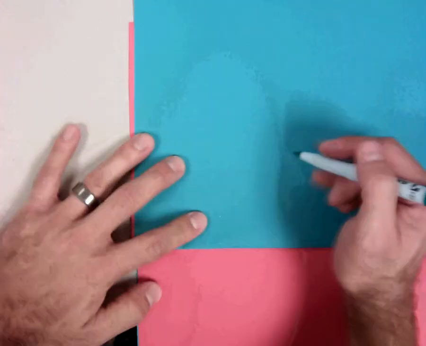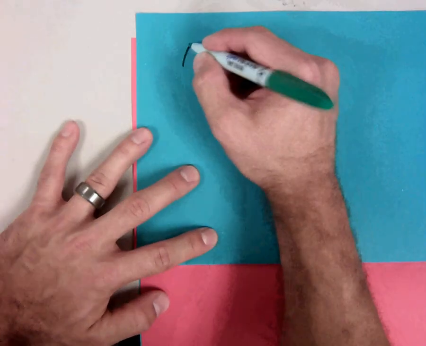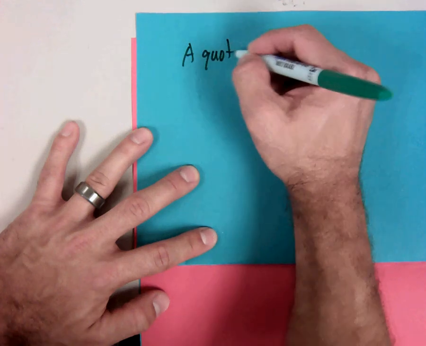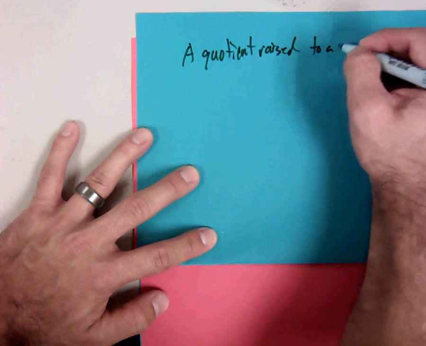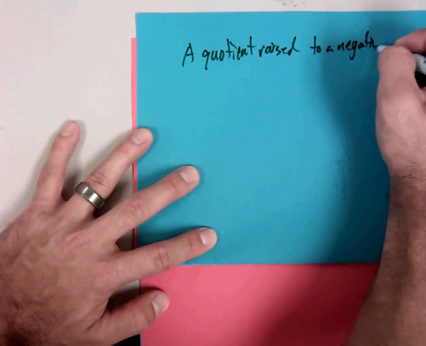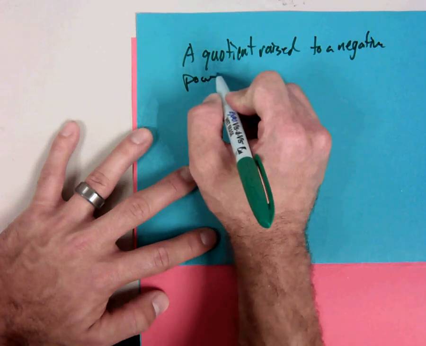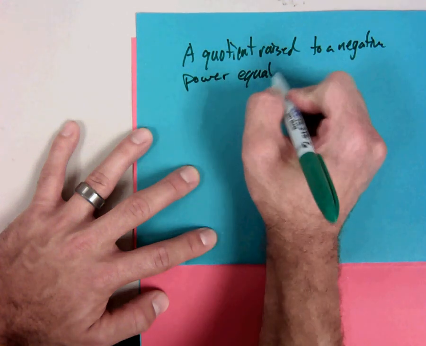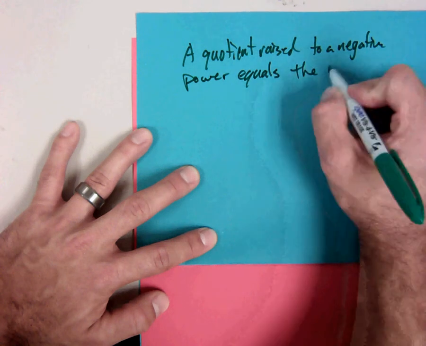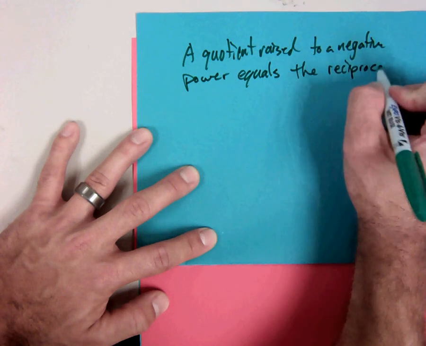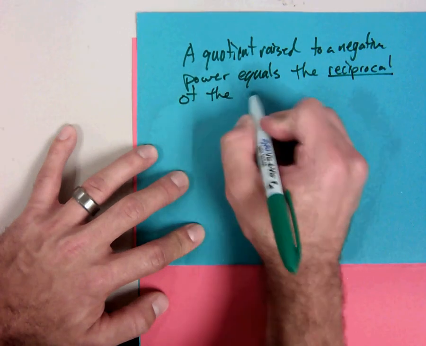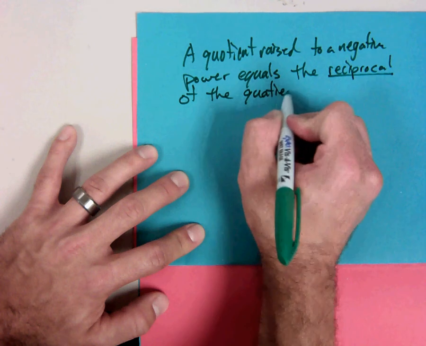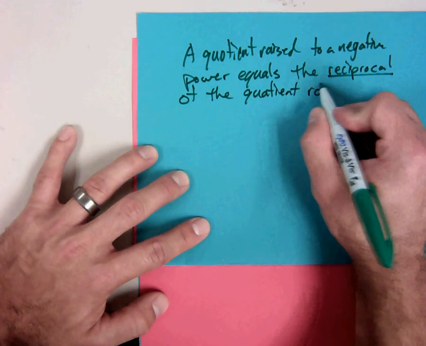All right, now the negative quotient power property is very similar. Here we're going to have a quotient raised to a negative power equals the reciprocal of the quotient raised to that power.